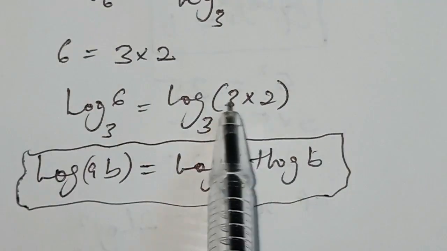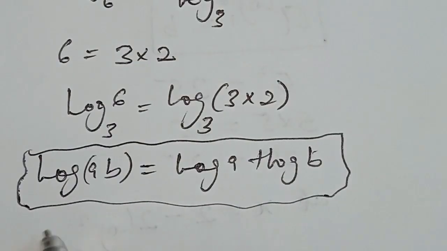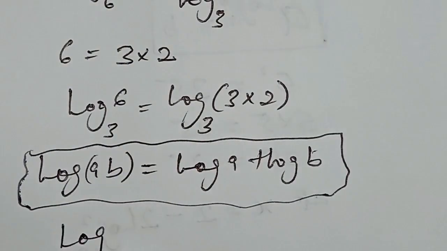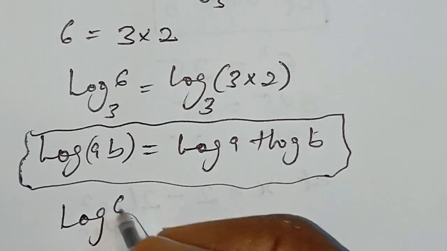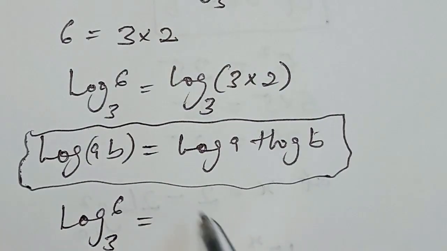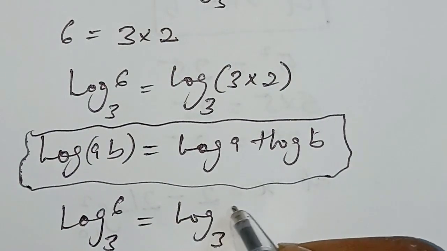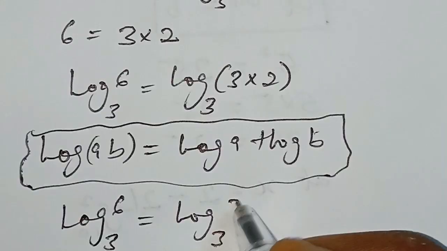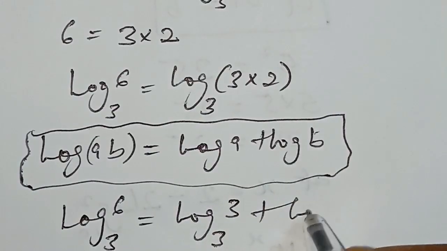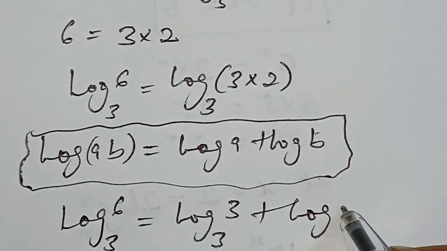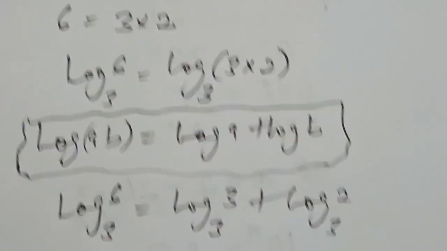So we now put this in this form, and that gives us log 6 base 3 written as log 3 base 3 plus log 2 base 3.